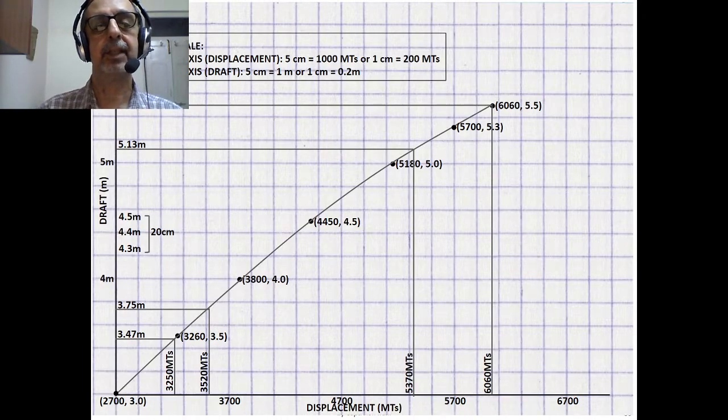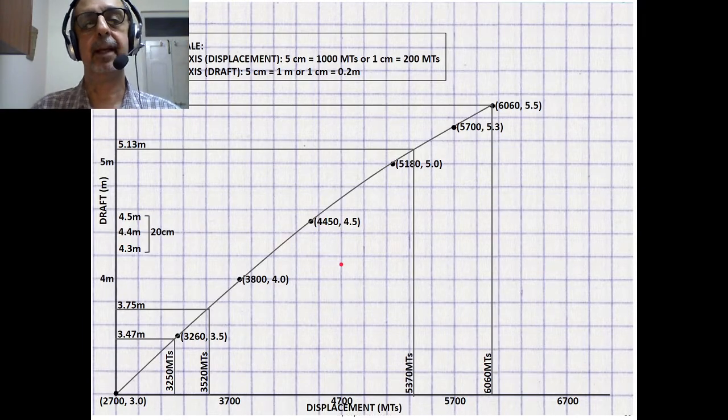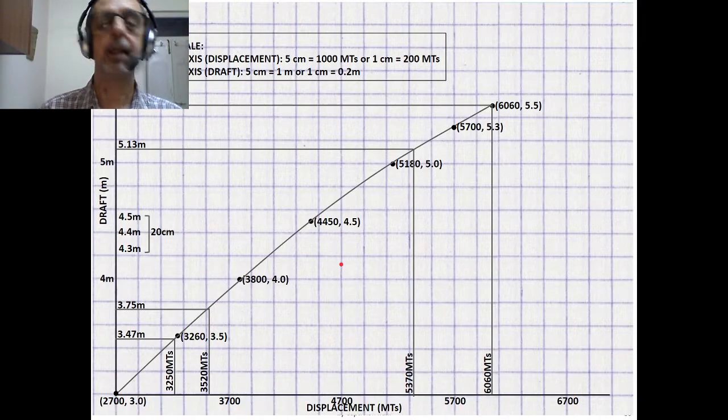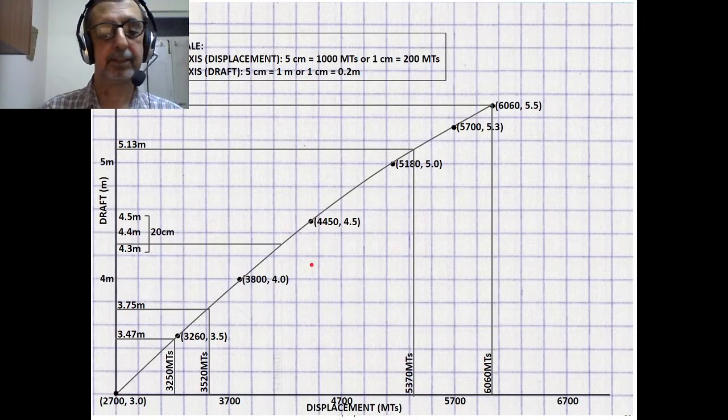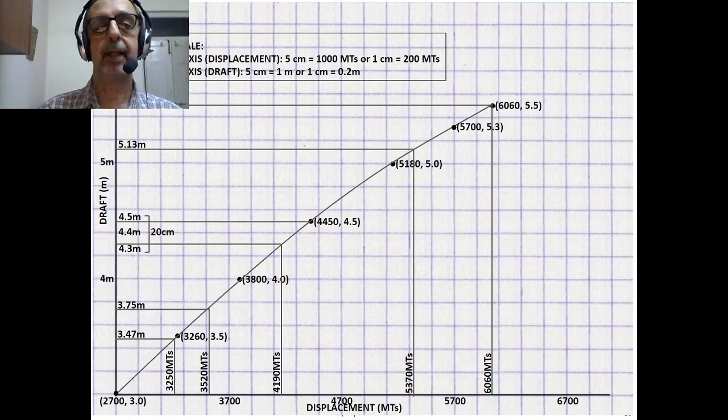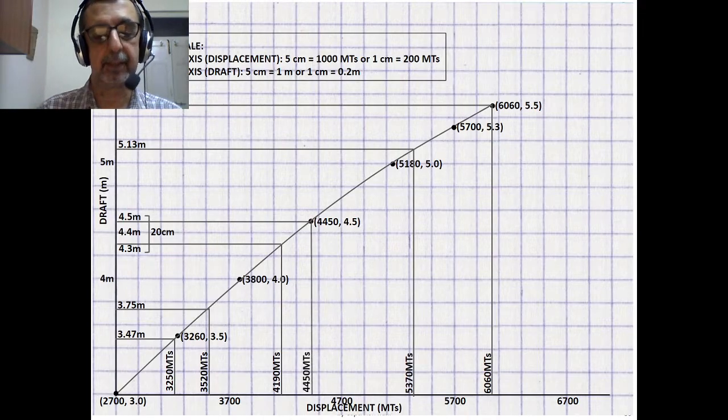Within this range, the TPC will be fairly constant and it will be the same, in other words. So therefore, instead of 4.4 meters, we take 4.3 meters and 4.5 meters, thereby giving us a range of 20 centimeters. The displacement at 4.3 meters is going to be 4190 metric tons, and the displacement at 4.5 meters is 4,450 metric tons.